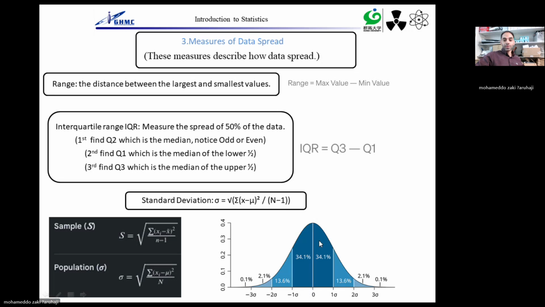So 34.1 plus 34.1, this is always mentioned as one standard deviation away. If I add more, this area and this area, I will become two standard deviations away.